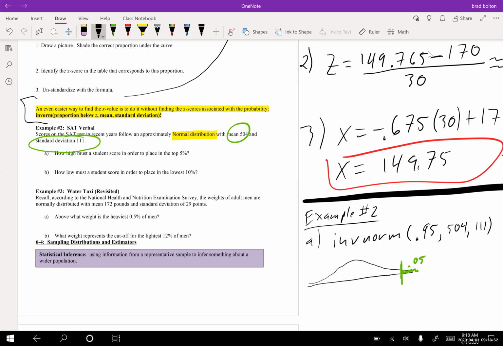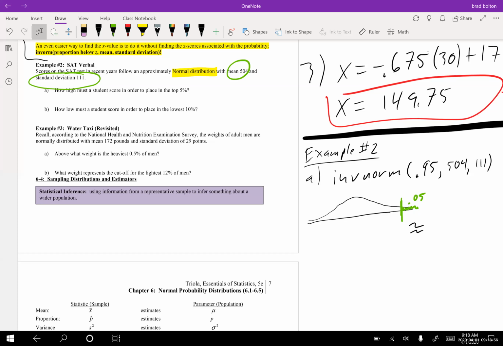Okay, so we're going to get inverse norm (0.95, 504, 111), and we get 686. I'll use 3 decimals, 686.579. Okay, so this is the score that you would need to reach.